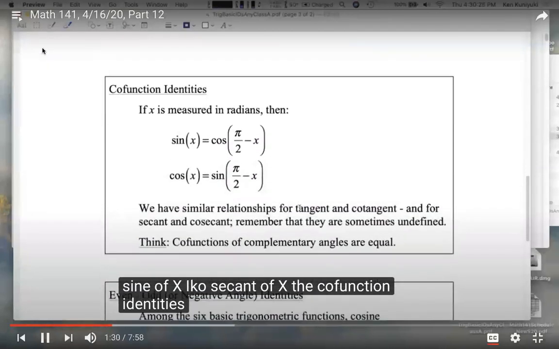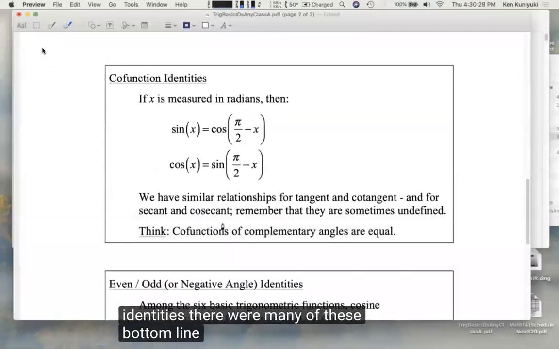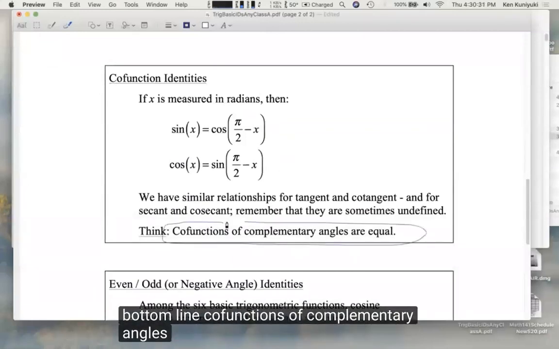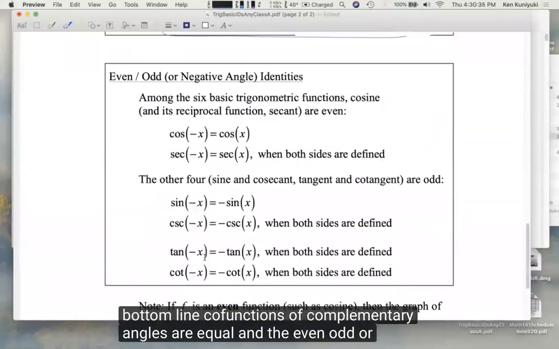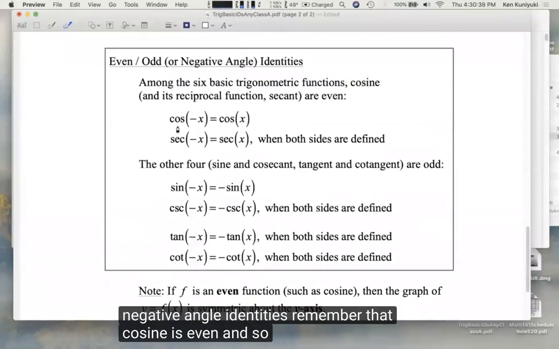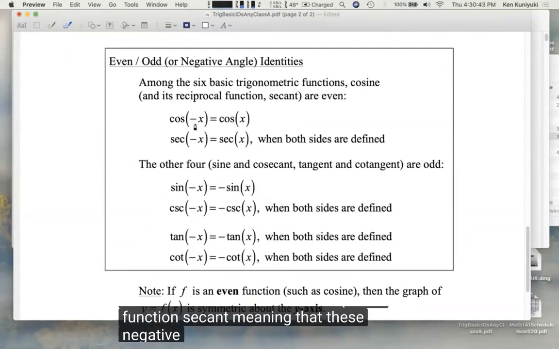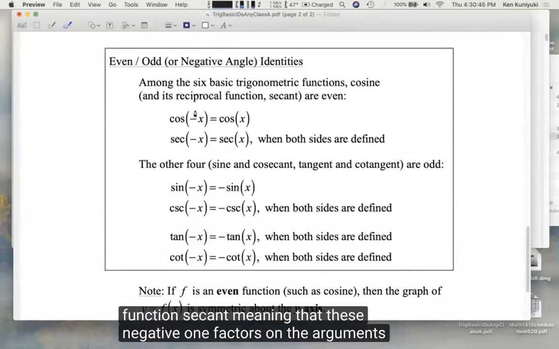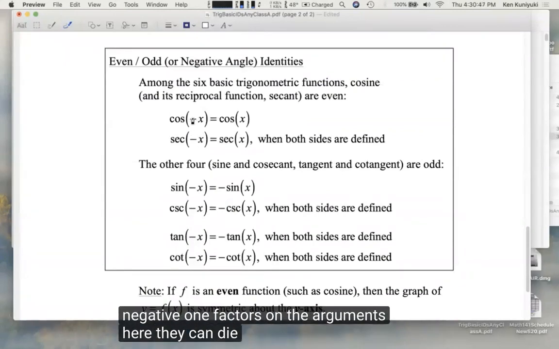The cofunction identities, there were many of these. Bottom line, cofunctions of complementary angles are equal. And the even odd or negative angle identities. Remember that cosine is even, and so is its reciprocal function, secant, meaning that these -1 factors on the arguments here, they can die.